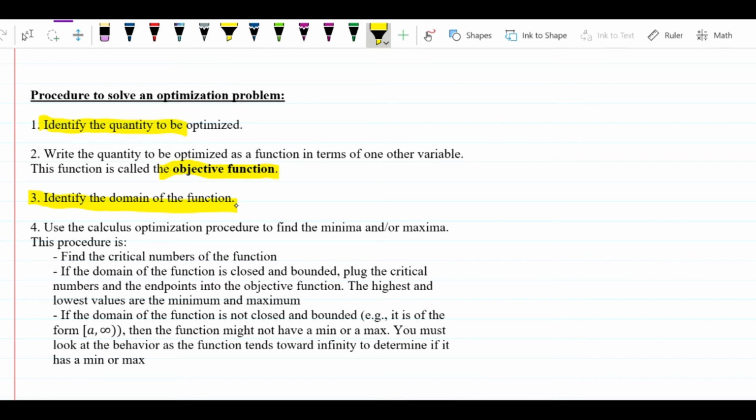Step 3 is perhaps the only thing that's going to be a little bit different. You want to identify the domain of the function. Now I know you're going to say, wait a minute, we've identified domains of functions in the past. But in the past we were always talking about the mathematical domain of a function. For example, if I have f of x equals x squared, certainly all real numbers are in the domain of that function. But let's suppose that x represents the length of a piece of fence.